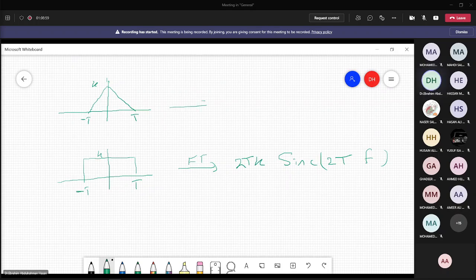While for this one, the triangle, it is sinc square of f. Now here it is not 2 multiplied, it is just t. So this is t, and here also t multiplied by k. So t multiplied by k.